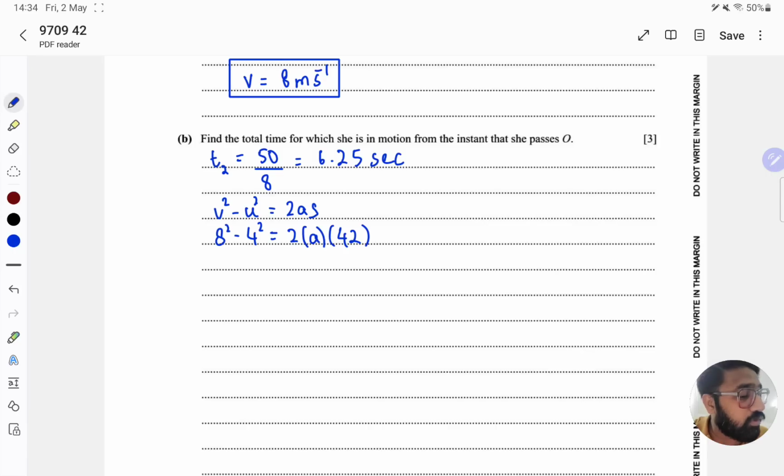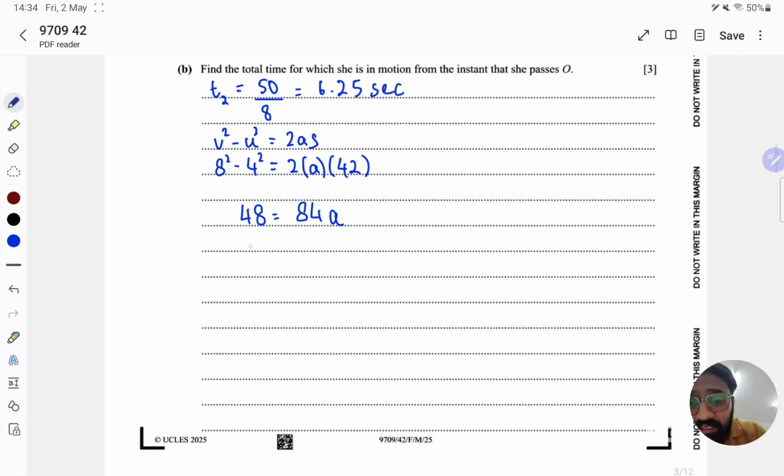So 64 minus 16 is 48, equals 2 times 42, which is 84a. So 48 divided by 84, the answer is 4 by 7. The acceleration is 4 by 7 meter per second square. This is the acceleration for the first portion of the journey.